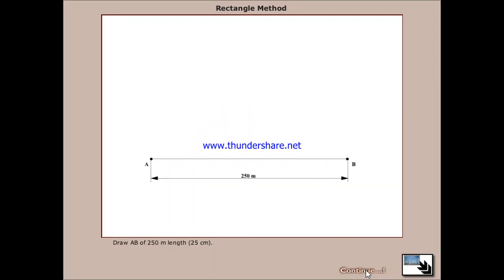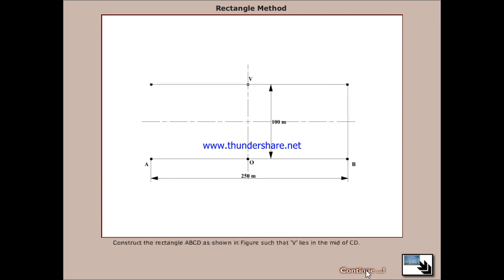Once again, first draw AB of 250 meters length, 25 centimeters in scale. Draw OV of 100 meters height bisecting AB at O. Construct the rectangle ABCD as shown in the figure such that V lies in the mid of CD.